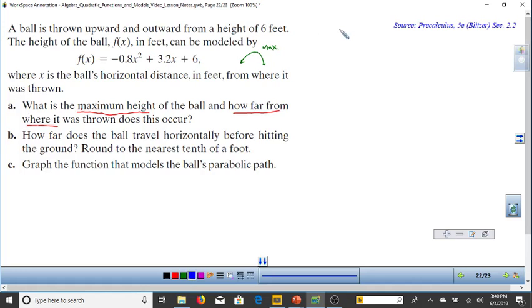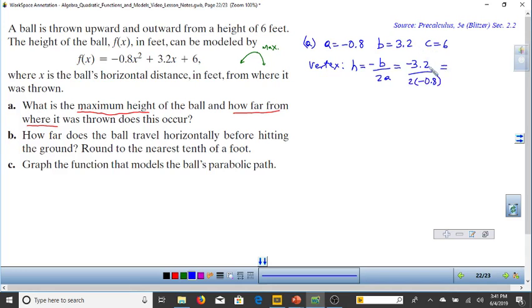So for part A, A is equal to negative 0.8, B is equal to 3.2, and C is equal to 6. To find our vertex, h is equal to negative b divided by 2a, which is negative 3.2 divided by 2 times negative 0.8.